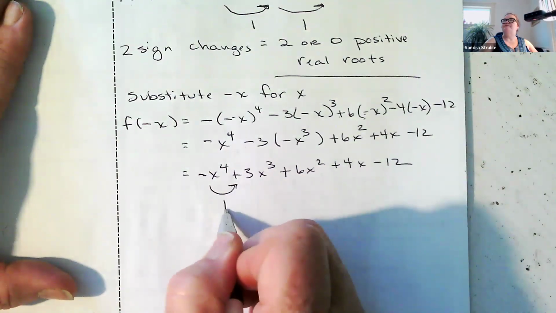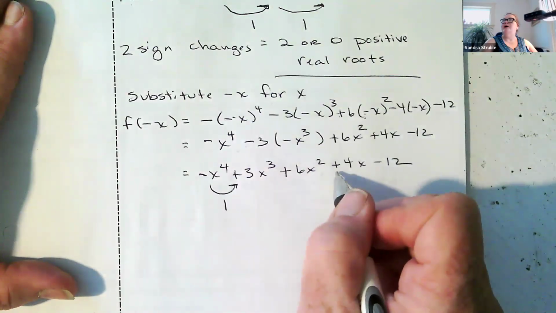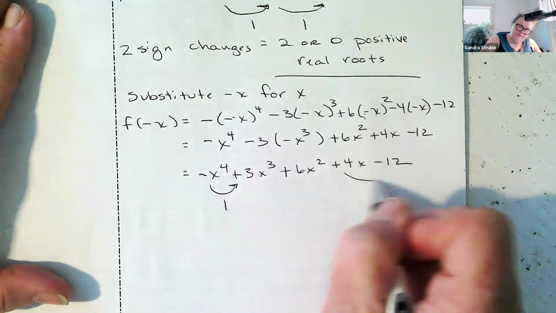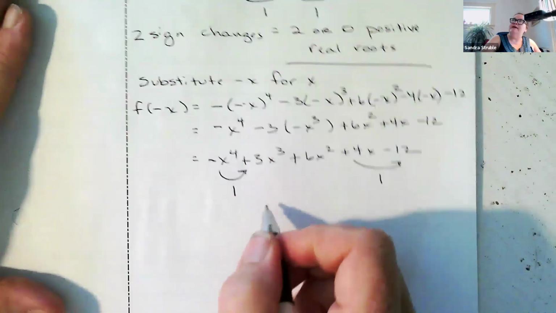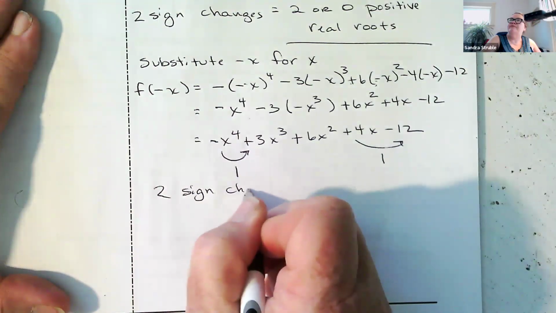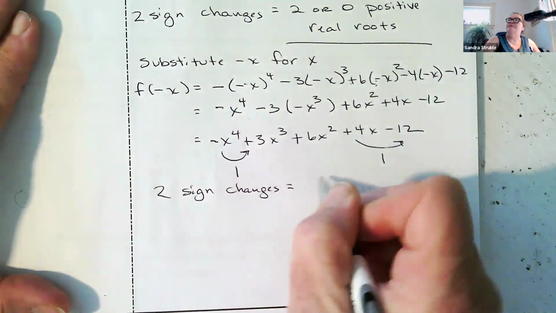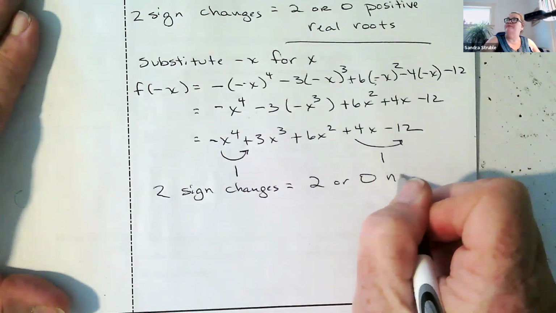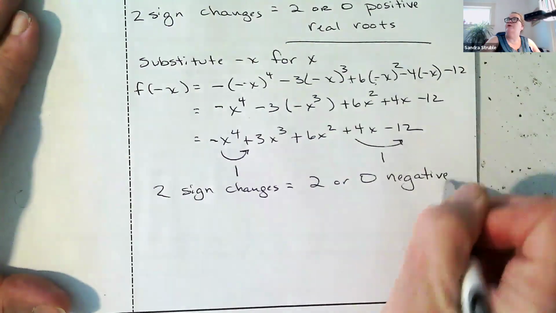There's 1. Positive to positive, positive to positive. And then positive to negative. There's another one. Again, 2 sign changes. So that means we can have 2 or 0 negative real roots.